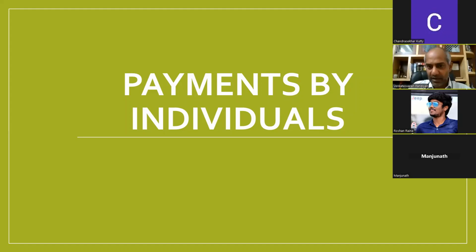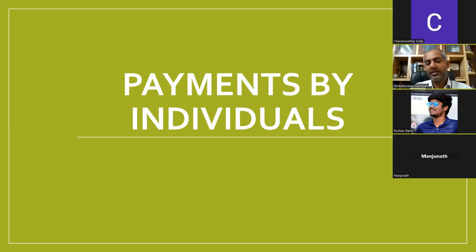Professional fees paid for their business purposes. Interest paid for their commercial purposes. However, in the last few years, if you look at the last 4 or 5 years, the government has started adding payments made by individuals also under the category of TDS. So we'll see those sections.